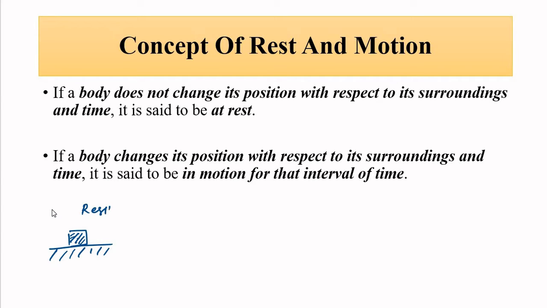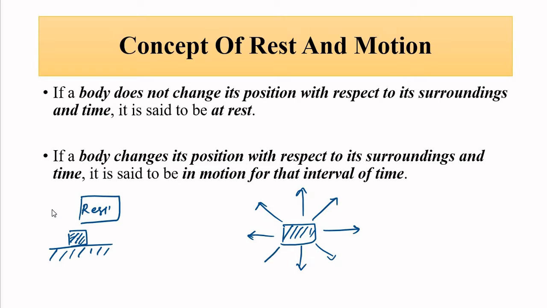It is not moving at all in any direction. And if an object moves, whether downwards, upwards, towards right, towards left, or in any direction at any particular angle, then it is in motion.